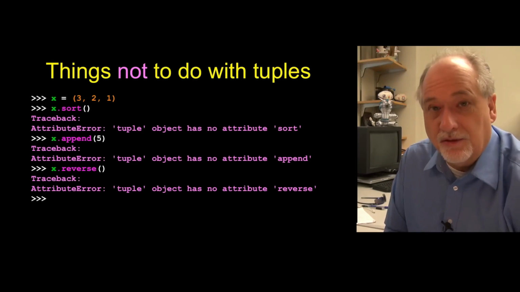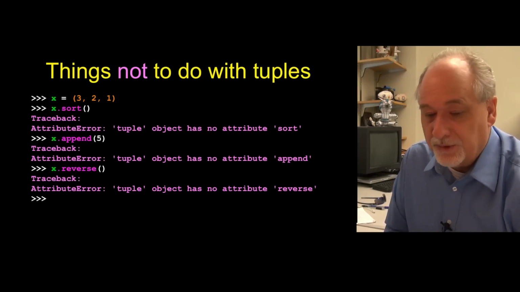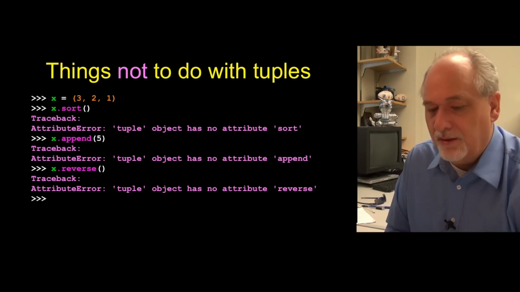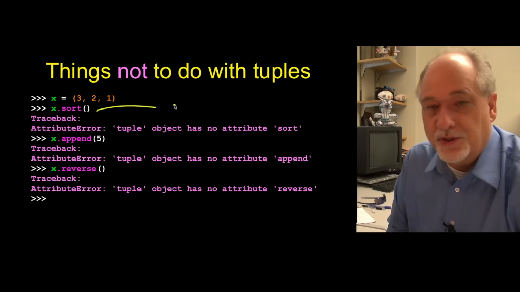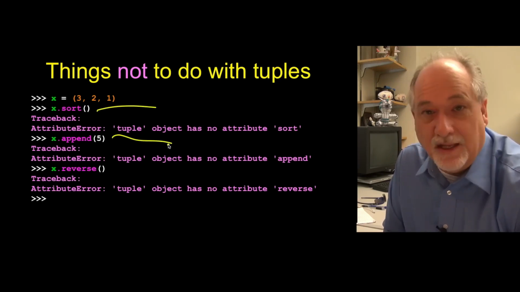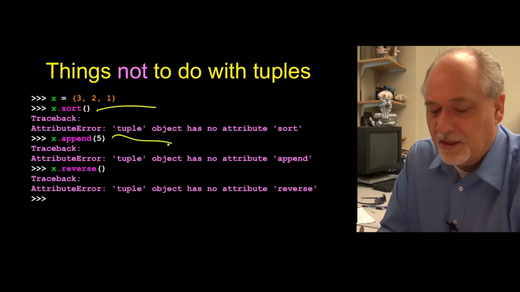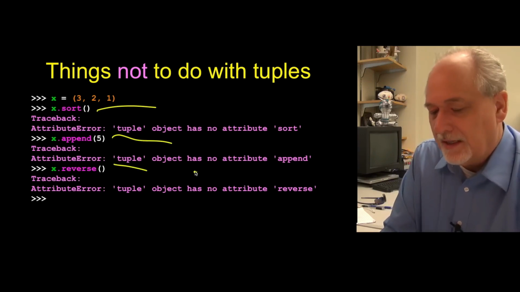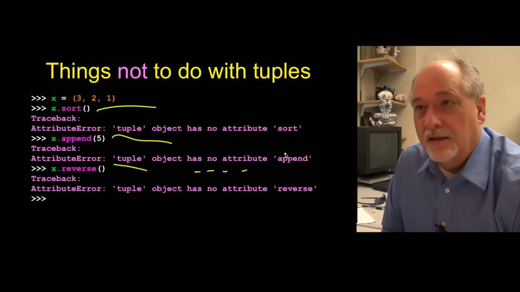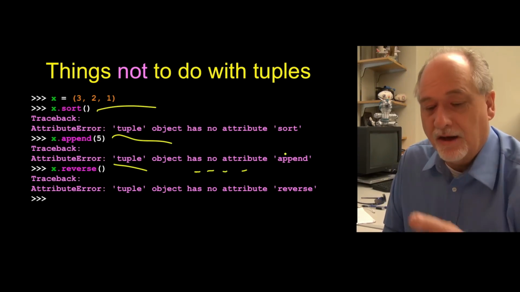So there's a lot of things that you can do with lists that you also can't do with tuples, but they're really just a corollary of this notion of non-mutability. So, like, you can sort a list, but you can't sort tuples. You can add a 5 to the end of 3, 2, 1. Can't do that in a tuple, but you can in a list. And flip the order. So anything that you can do to a list that modifies the list, not allowed for tuples.